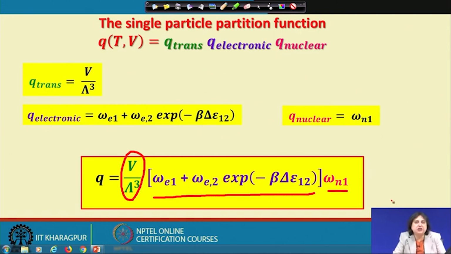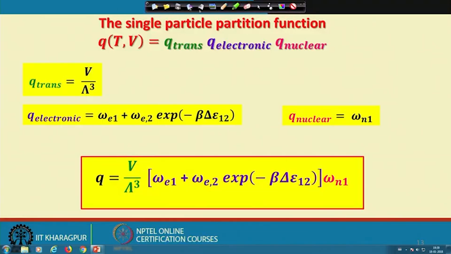Now, with this expression, let us ask this question: q, this is for a single particle, is this a function of temperature? So, let us go back and look at where we could have the contribution of temperature.